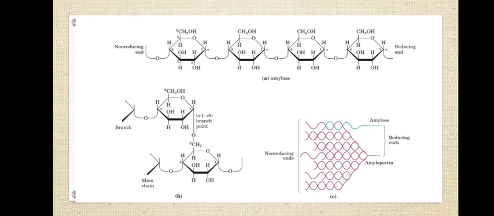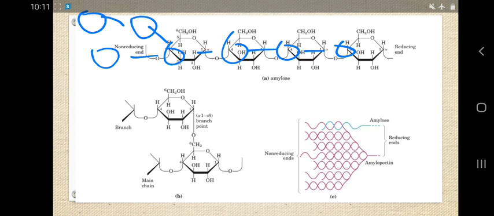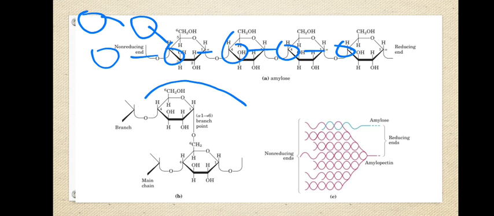In addition to that, it also has branching. So in addition to the linear chain, you will also find that they are connected by branches. What kind of branching is seen? It is alpha 1,6 branching.